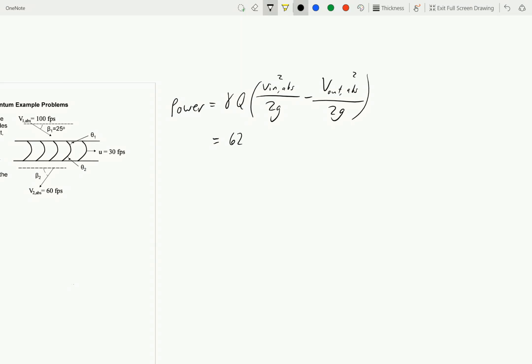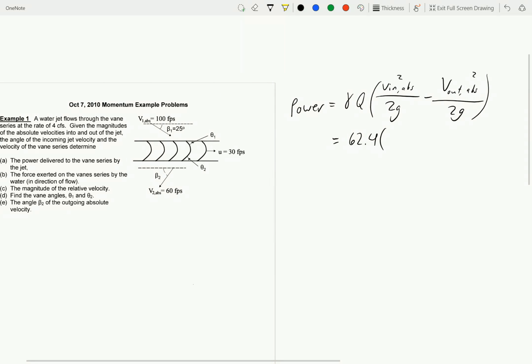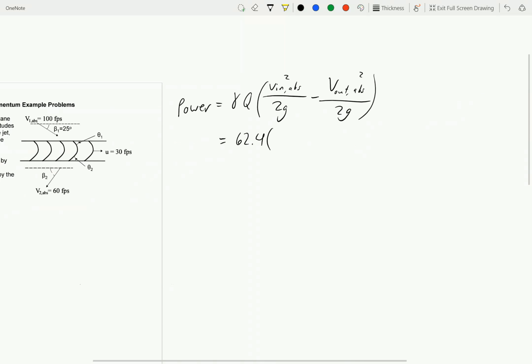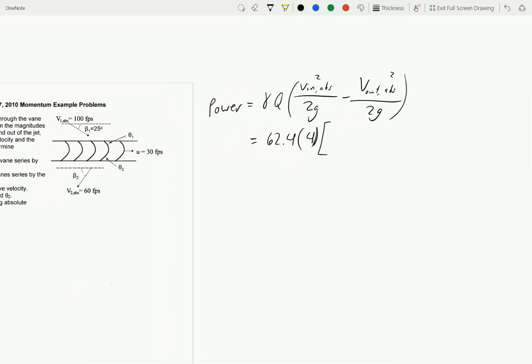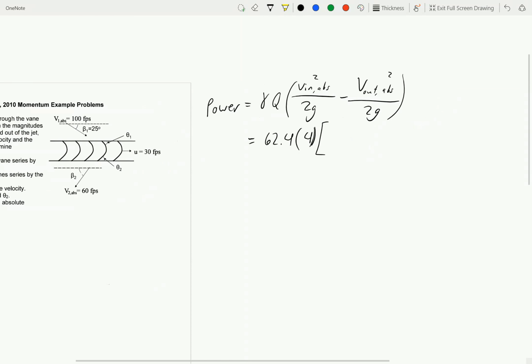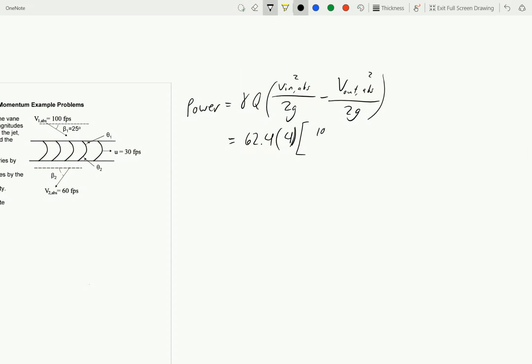So we'll do that as 62.4 for the specific weight of water, and then we have, from the problem statement, that the discharge is 4 CFS. The velocity coming in absolute is 100 feet per second, and that's squared over 2g, minus the outgoing velocity absolute, which is 60 in this problem, again over 2g.